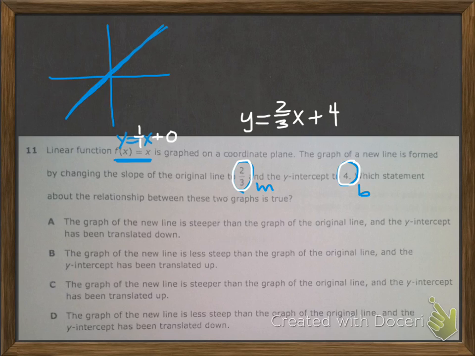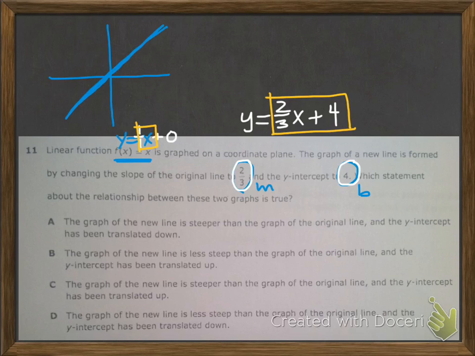So what you can do here is you can kind of think about, well, how does the slope change? How does the y-intercept change? But you can also go to your graph. So in your calculator, go to home page, new document, don't save, add graph. And then when the f of x equals cursor comes up, you're going to type x, enter, press tab so it comes back up, and then you'll type 2/3 x plus 4, enter.